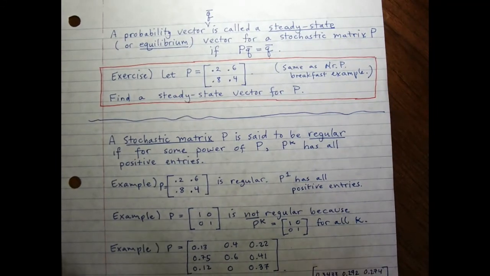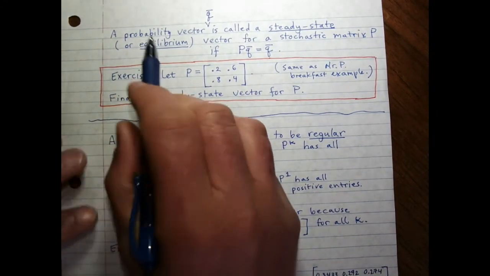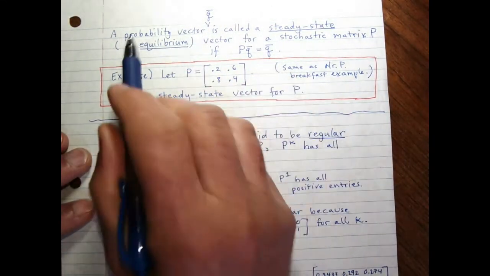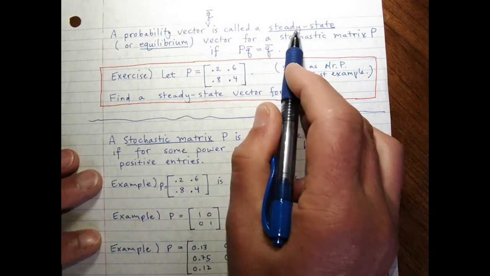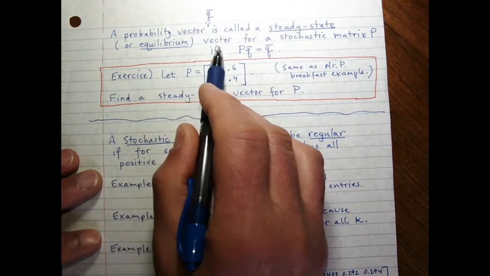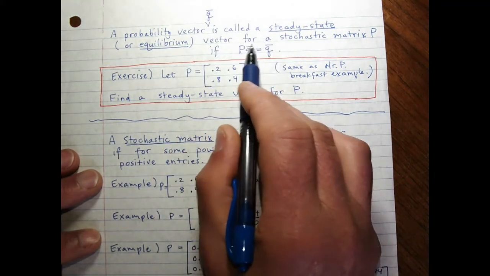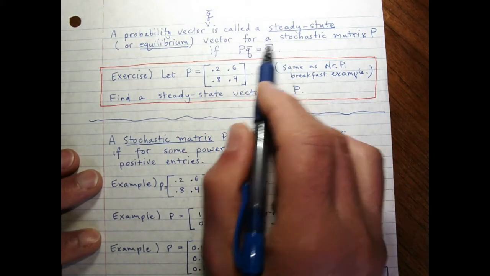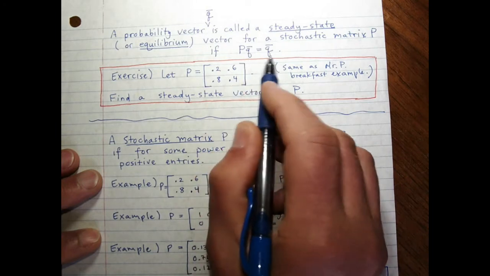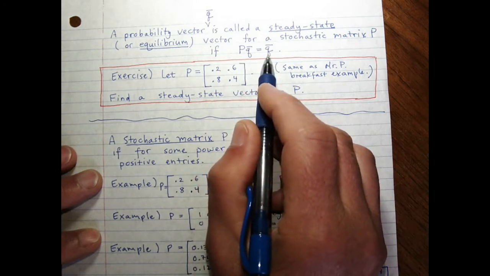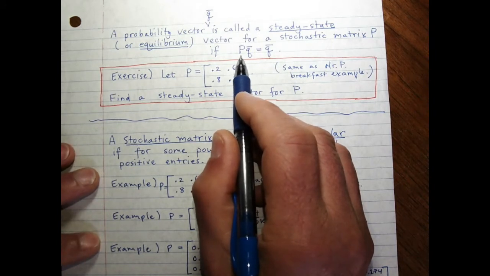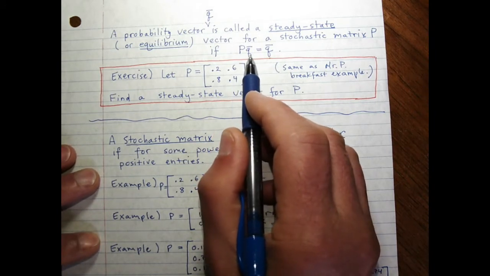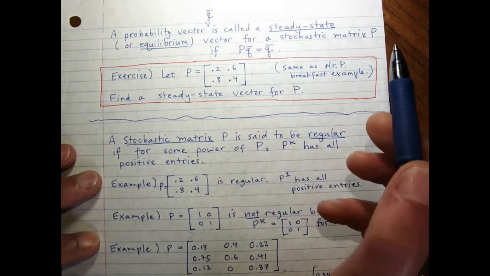Well, it turns out that a probability vector Q, and this is just a definition right now, is called a steady state or equilibrium vector for a stochastic matrix P if PQ equals Q. So if when we multiply by the stochastic matrix, we actually just get the vector Q back again.